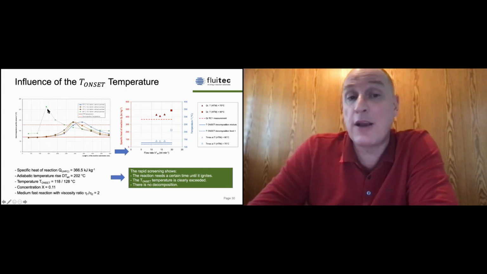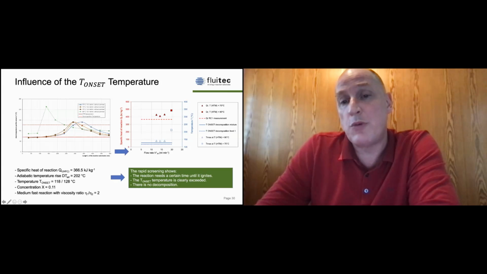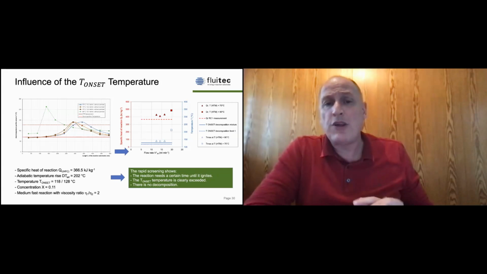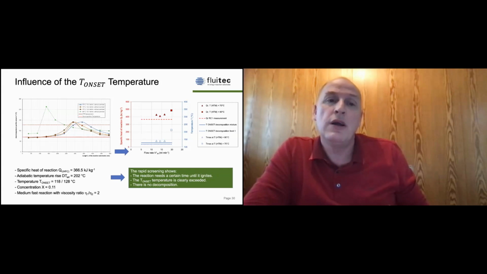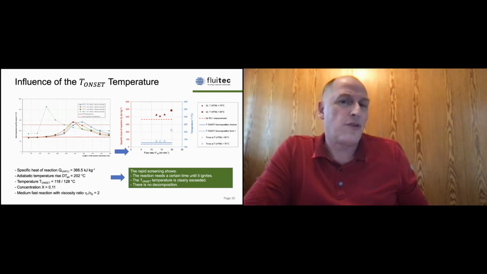Here you see in all three reactions we were running over the T onset. This is the peak, the green peak, which is quite high, and here you see the heat of reaction. When you go over the T onset, you will start side reactions. But what is really surprising is that in a continuous mixer heat exchanger, we almost cannot realize a runaway. And this is very promising.